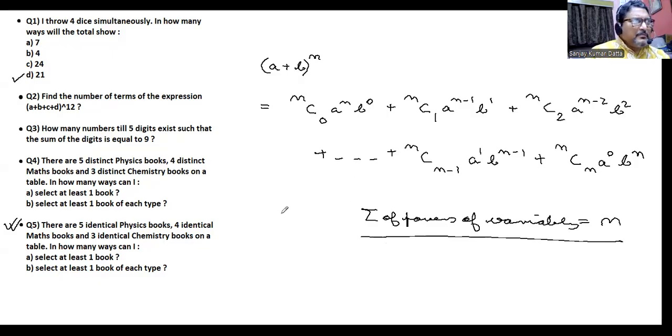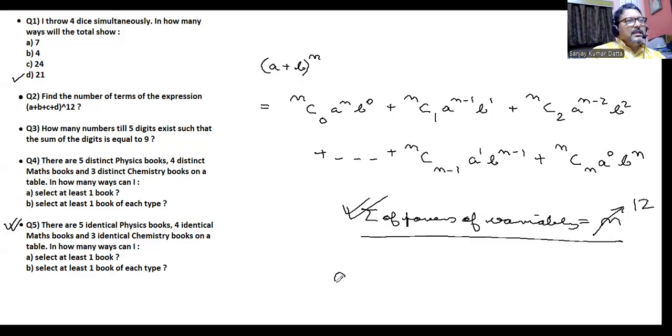For this sum, mind it, there were two terms, so you could say n plus 1. Here there are four terms. The same rule won't apply. So here you need some mathematics. And what will we actually utilize? What property? It is this one, that the summation of the powers of the variables will always be equal to n. What is n here? n is 12 here in this sum.